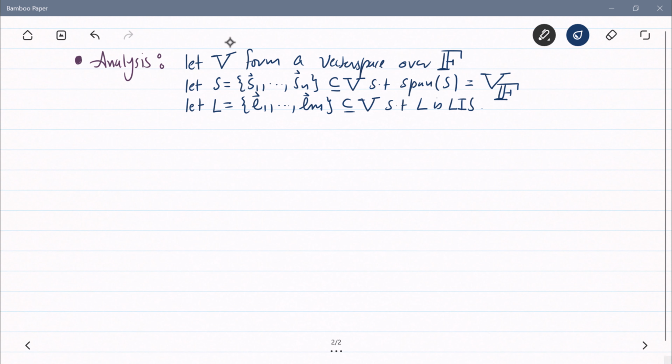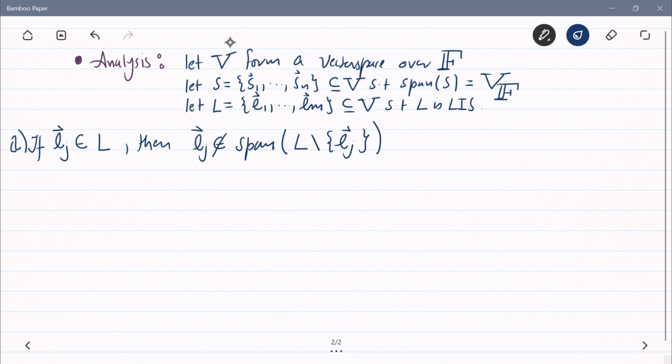I will try to at least give some motivation behind them, but anyway, the first fact would be that suppose we have some vector, some L_j in L. Since this is a linearly independent set, if we take it away from this linearly independent set, then we can no longer generate it by a linear combination of the vectors in L. What I mean by that is that if this belongs there, then L_j is not in the span of L take away L_j, because L is linearly independent.